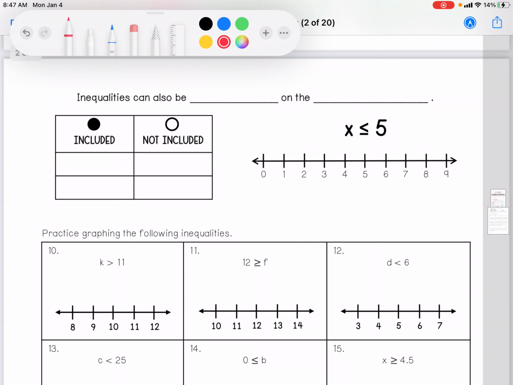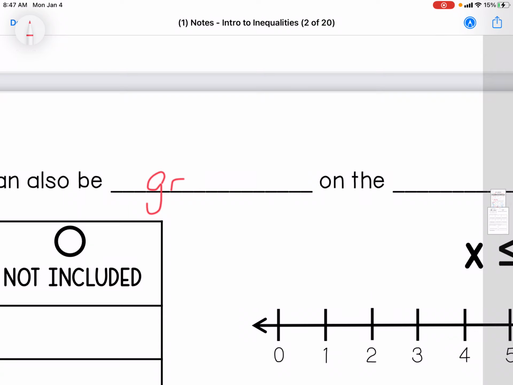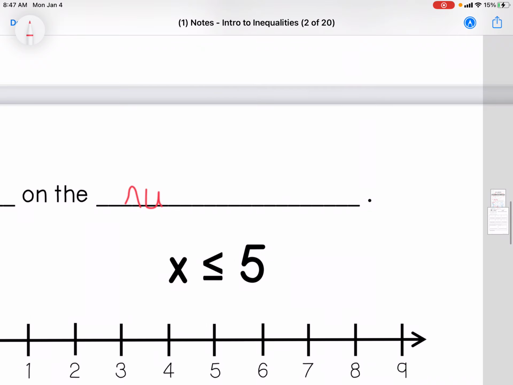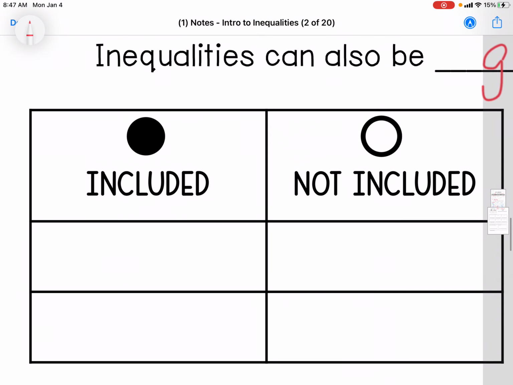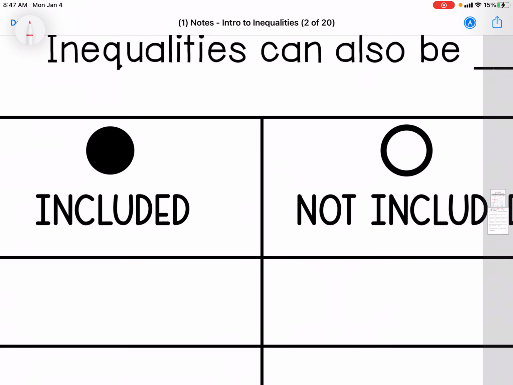All right, inequalities can also be graphed on the number line. So we draw this fill-in circle. So we have one circle that's filled in right there, and then we have one that is not filled in right there.